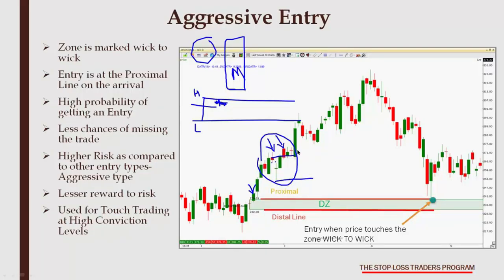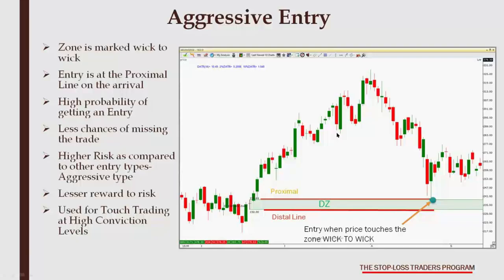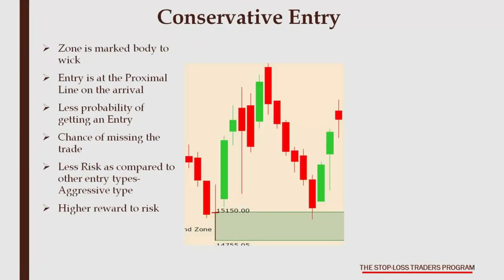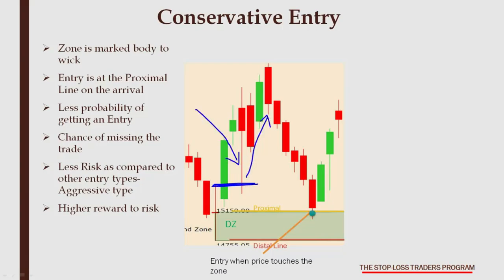If the body of the move-in is going beyond the base, then do we consider the body of the move-in? See, you are talking about a case where this is the scenario, right? This is a rally, base, and a drop.